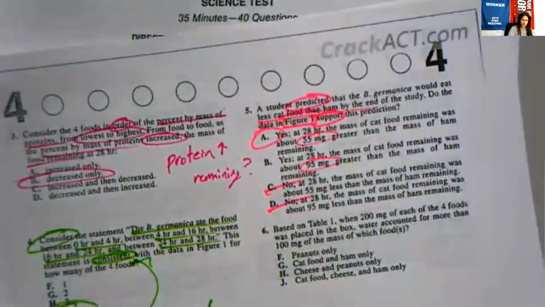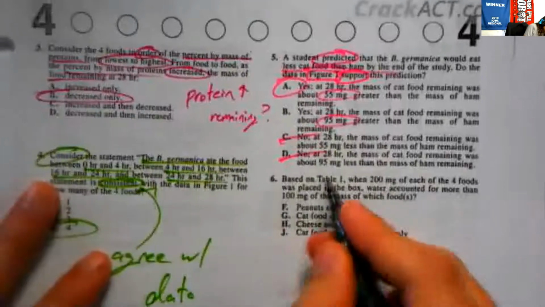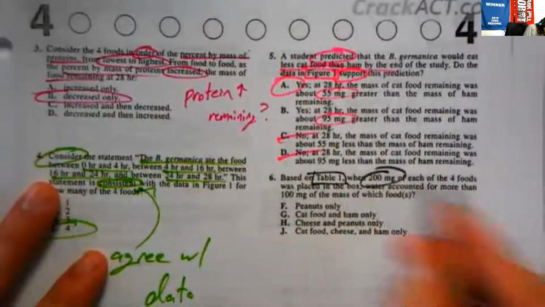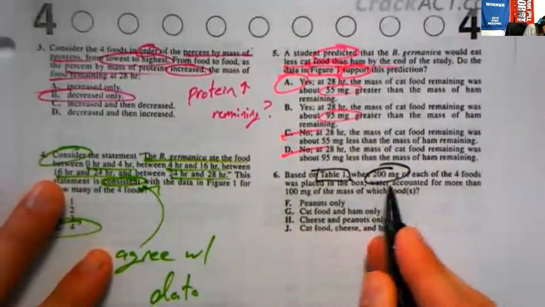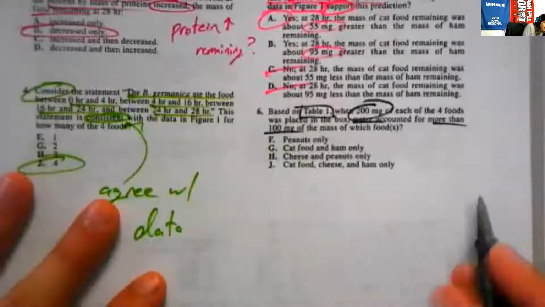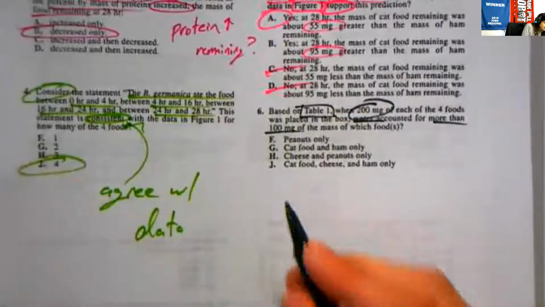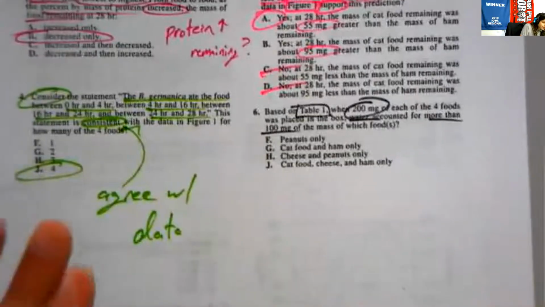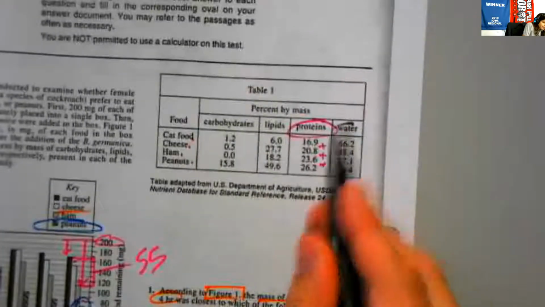Last one. Now, based on table 1, when 200 milligrams of each of the 4 foods is placed in the box, water accounted for more than 100 milligrams. Well, hopefully you notice, let's look over at table 1. So I need to know something about water. I got water over here, and I got percents by mass. Okay, percents. Cool.